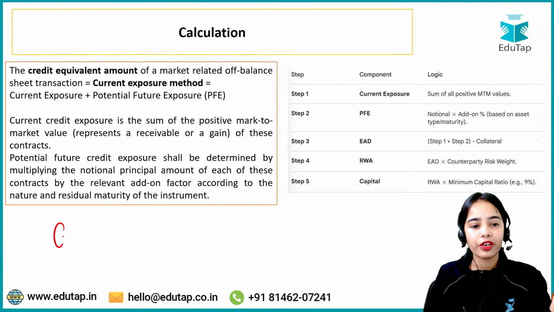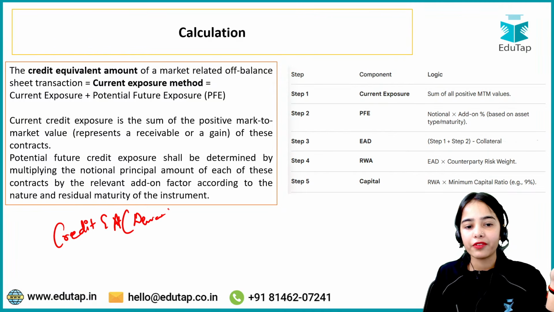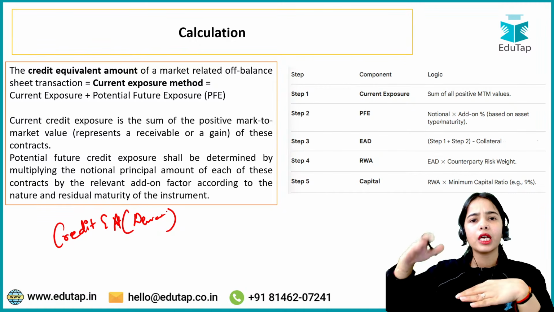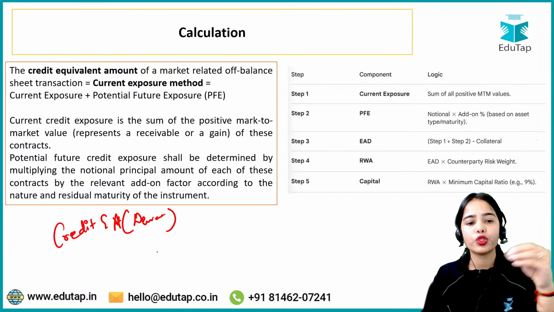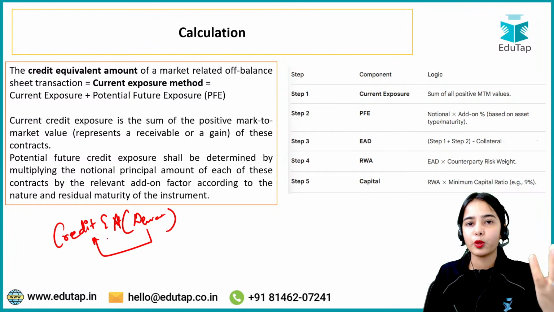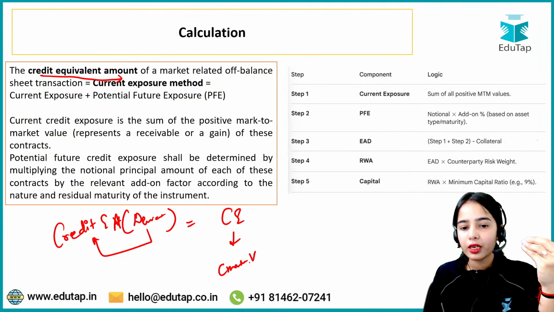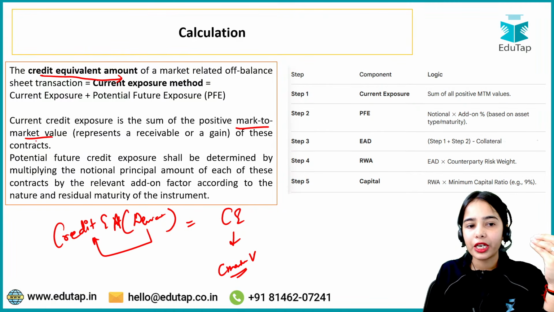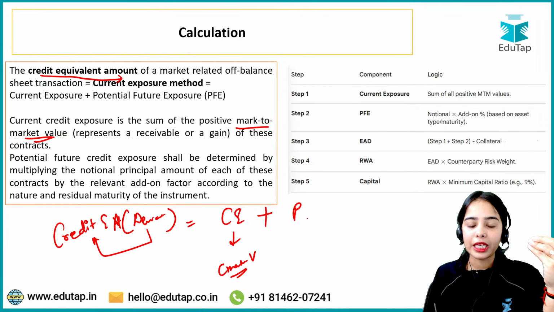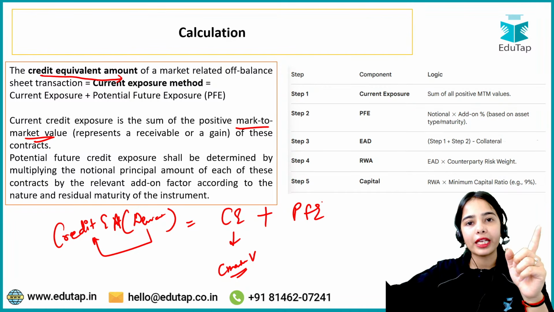So basically, if we want to see the credit equivalent amount of the derivative contract, because derivative contracts have fluctuating, uncertain exposures, we want to see the current exposure on the basis of the current market value, that is also known as the mark to market value, plus the potential future exposure, because the contract will expire in the future.